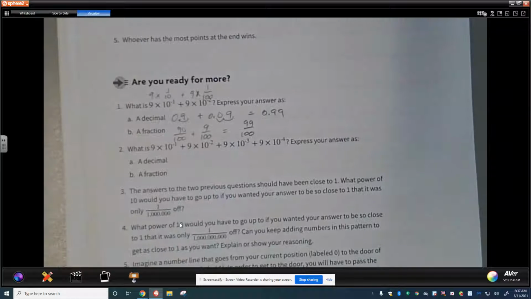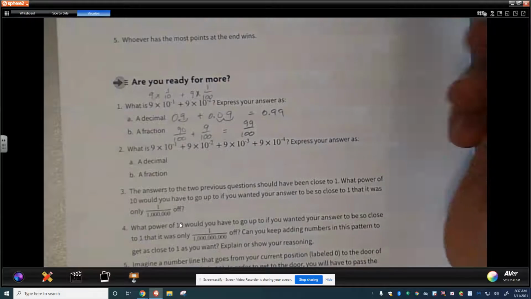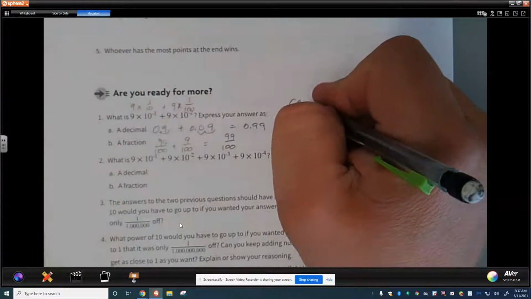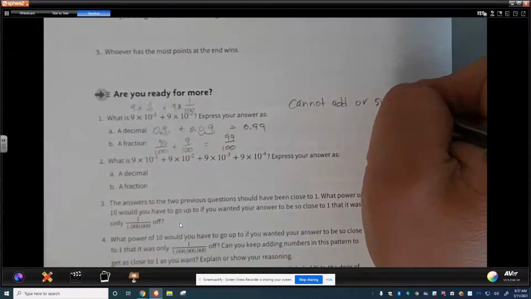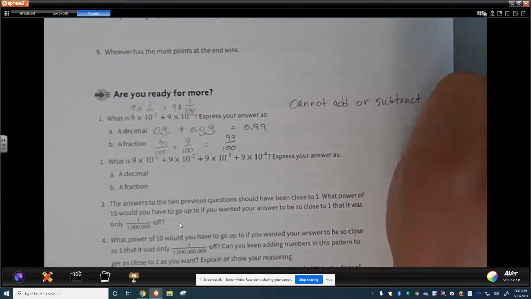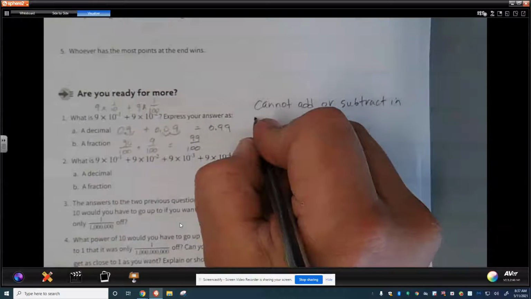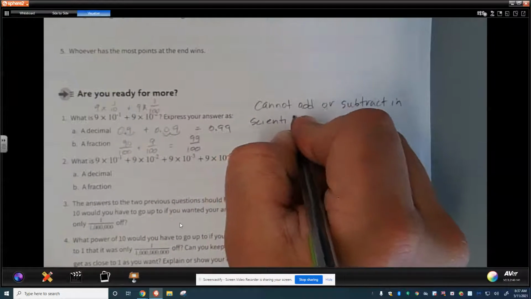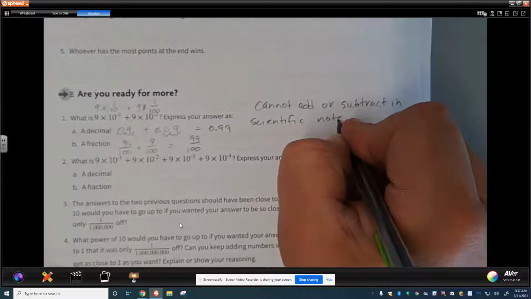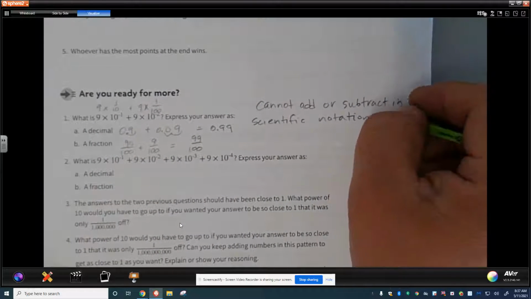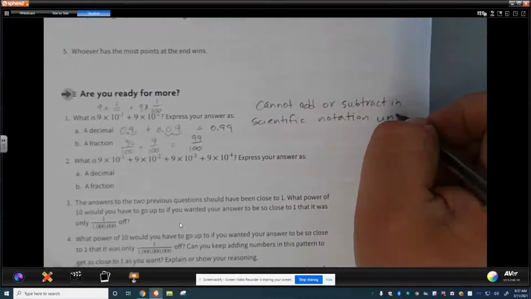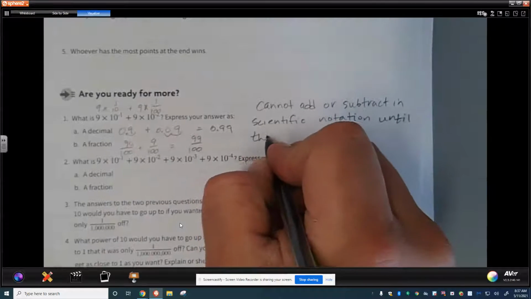This is where we're going in future lessons, is how to add, subtract, multiply, and divide in scientific notation. What I really need you to get out of this is that you cannot add or subtract in scientific notation until, is what I'm going to put, until powers of 10 are equal.